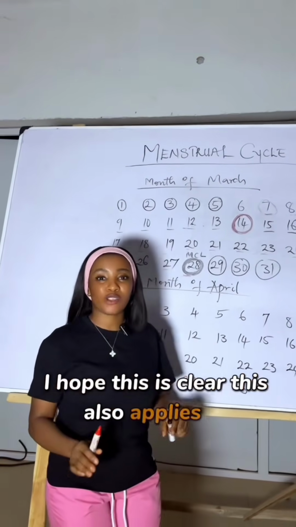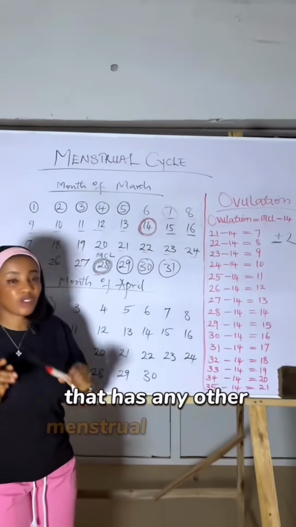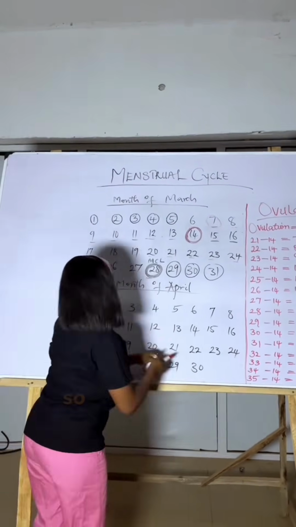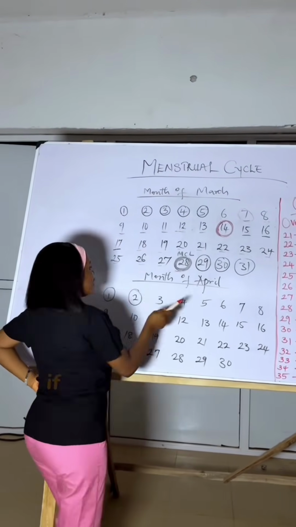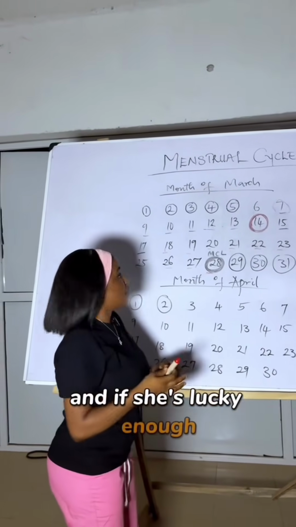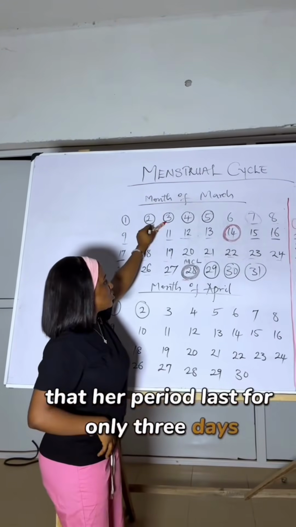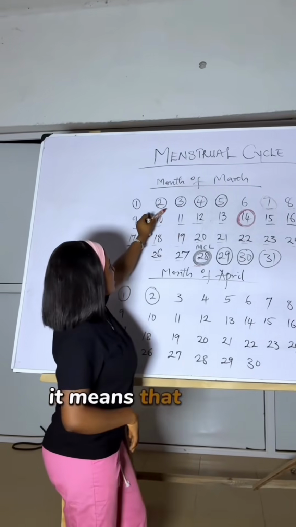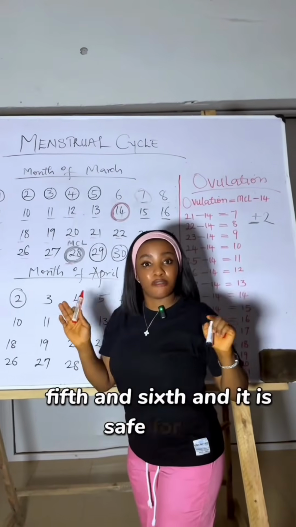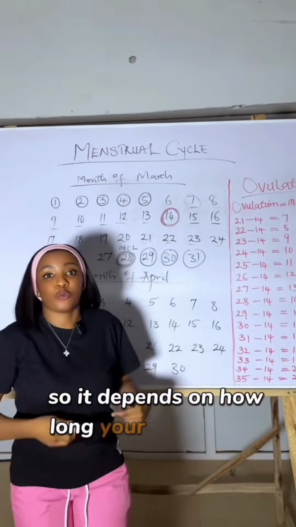This also applies to anybody that has any other menstrual cycle length, starting from this 21 to 35 days. So let's assume, for instance, this person that has a 28 days menstrual cycle length, if she's lucky enough that her period lasts for only 3 days or even 4 days, it means that she still has day 4th, 5th, and 6th, and it is safe for her. So it depends on how long your period lasts.